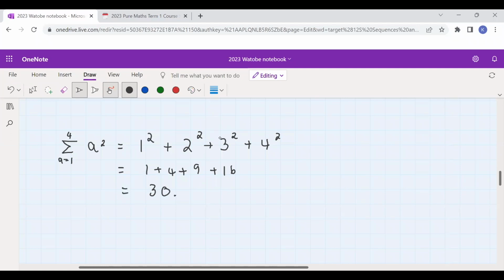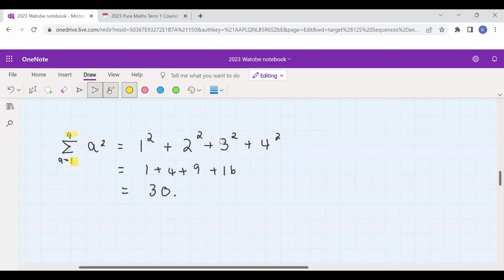Okay. So first let's see if we understand what's on the screen right now before we go to the other one, which is a little bit more complicated. Do we understand what's happening? So I said to you, from A equals 1, substitute 1 up until 4 and calculate the sum of those terms.